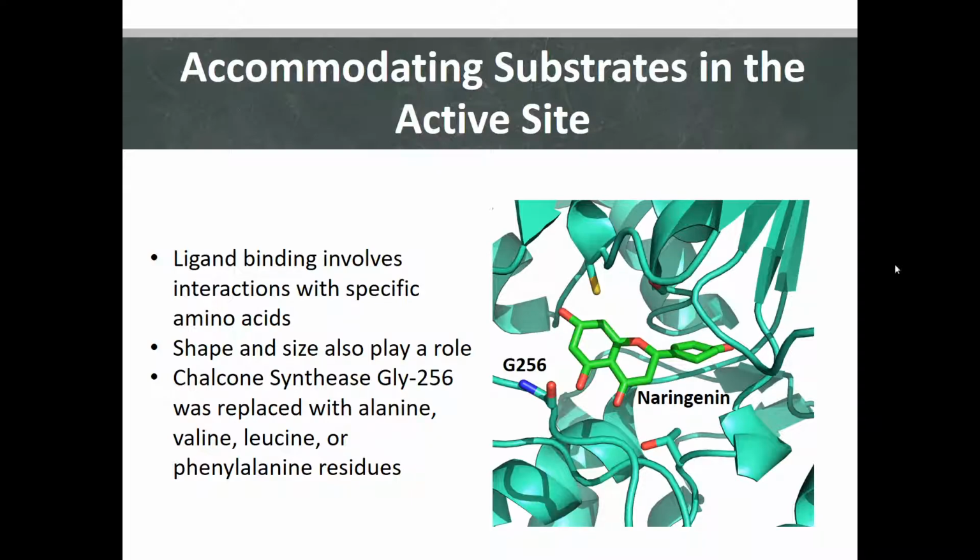The product is going to occupy more volume, more space, than the initial substrate. So if you increase the size of your side chain at this 256 position, you restrict how big your product can be. What's been done is this glycine has been mutated to an alanine, valine, leucine, and phenylalanine, with results that I'll tell you about on the next slide.